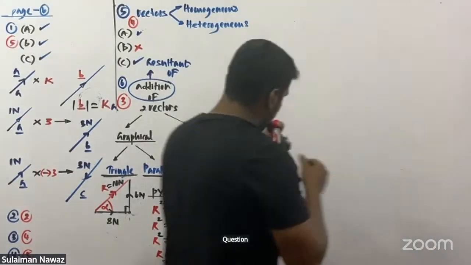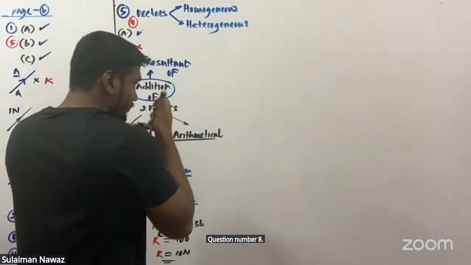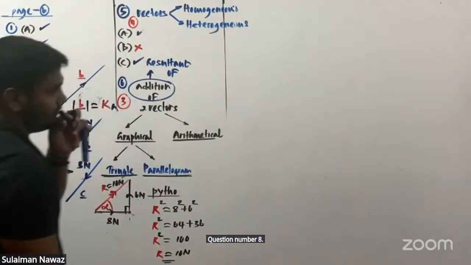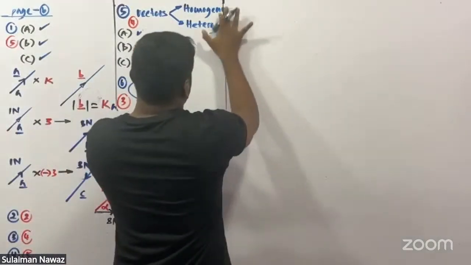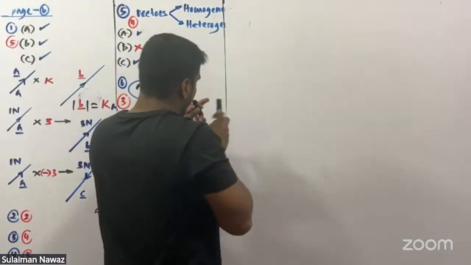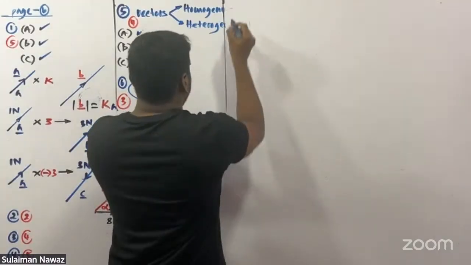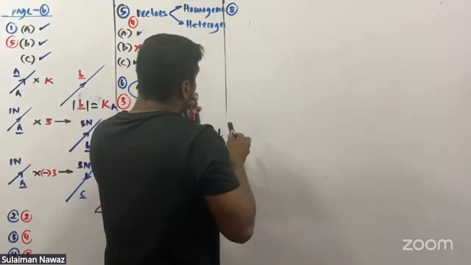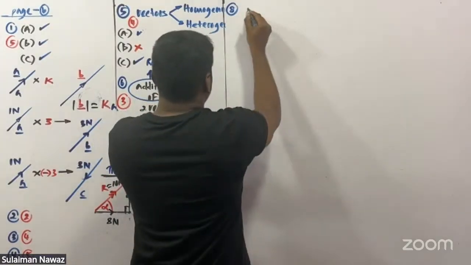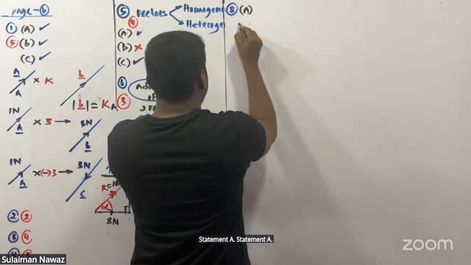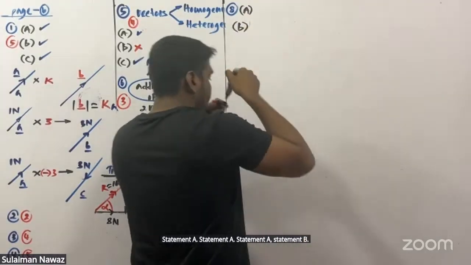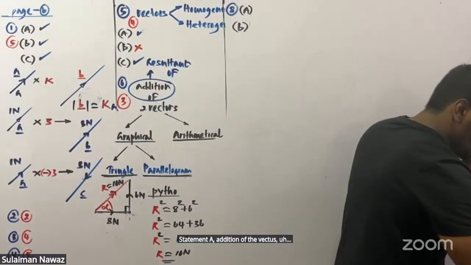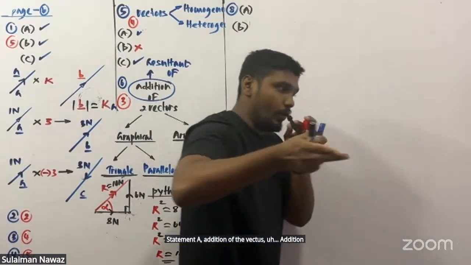Question number 8. Statement A, addition of two vectors always results in a vector.